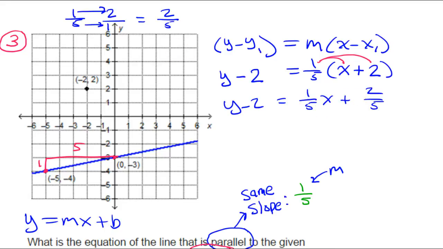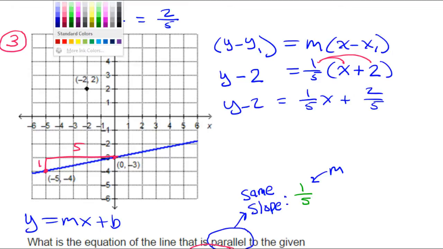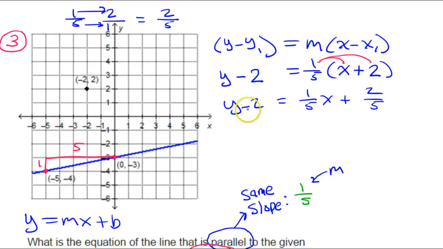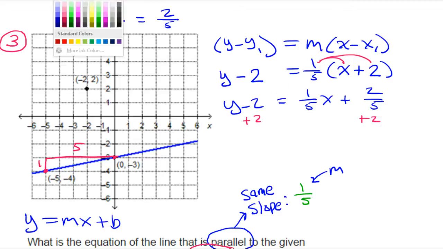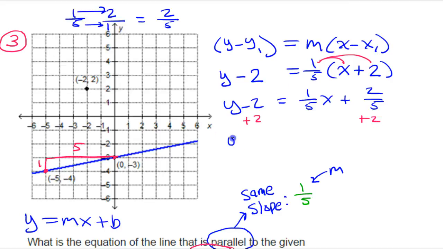Now I'm going to subtract 2 from both sides to get y by itself. Sorry, it's already being subtracted. I'm going to do the opposite and add 2 to both sides to get y by itself. So that's going to give me y equals 1/5 x plus, now it's just a matter of what 2/5 plus 2 is.